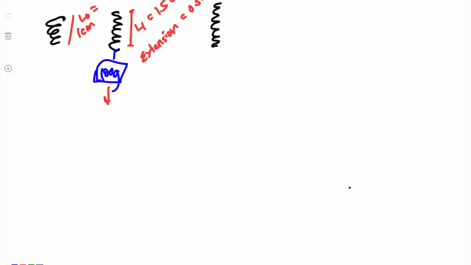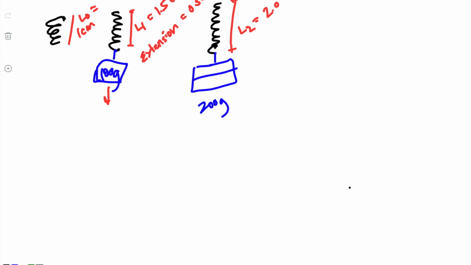And you can imagine adding an extra mass, right? This time you add an extra 100 grams on top of that. So now you've actually got a total of 200 grams, right? And now you want to calculate the new length, and we're going to call that L2. And you might find that L2 might be something like 2 centimeters. So what is the extension that is caused by the 200 grams?